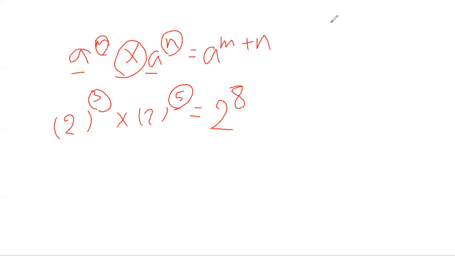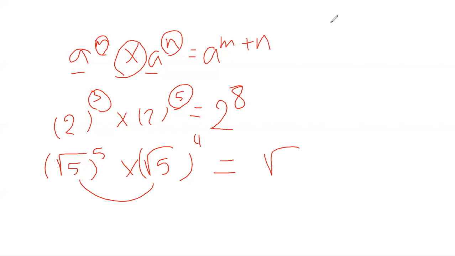You can get the result or you can leave it like this. Also, I can use irrational numbers. Root 5, for example, power of 5 times root 5 power of 4. The bases are equal, so it becomes root 5. Then, since here there is multiplication, I will add the powers. So it will be root 5 power of 9.